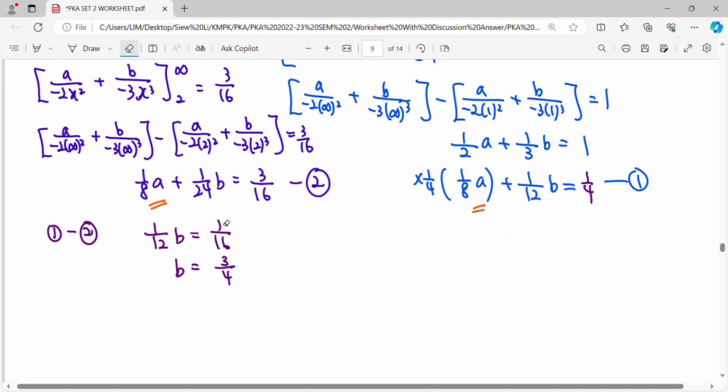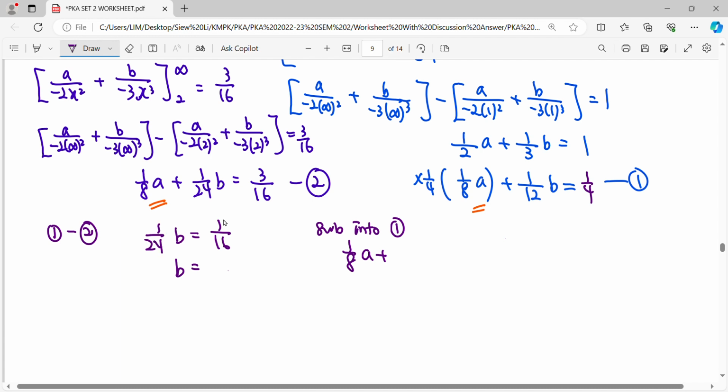Double check. Same or not? Same if you're working. Then we substitute back into either one equation. Let's say equation 1 to show out the a. This one is 3 over 2 or 3 over 4? This one is 1 over 16. Correct? 1 over 16, and 1 over 24.